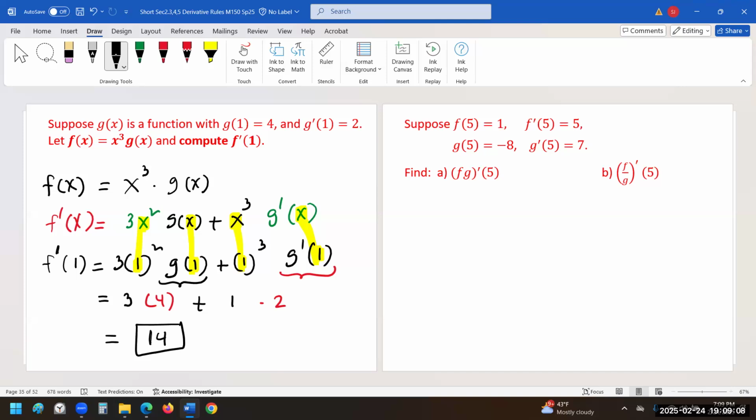And on the second one, they're saying what's the derivative of f divided by g. So this is product of f and g. This one is f over g quotient.